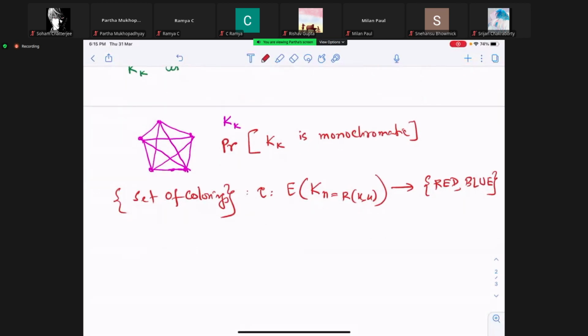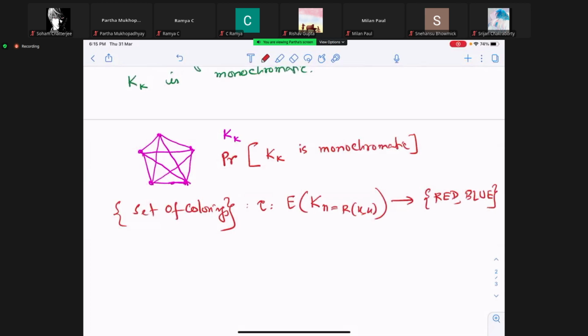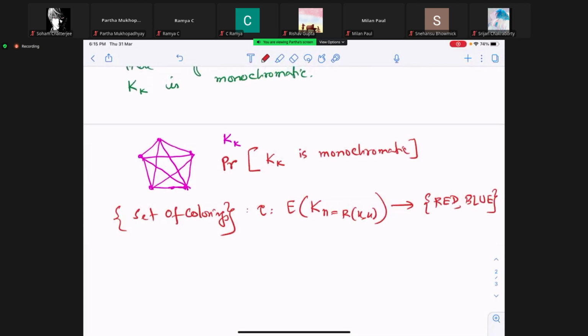Right? So that probability is very easy to understand. What is the probability that this is monochromatic? That's equal to 2 to the power k choose 2, which is all the possible ways to color its edges, because this K_k has k choose 2 many edges, and every edge can be colored either red or blue.